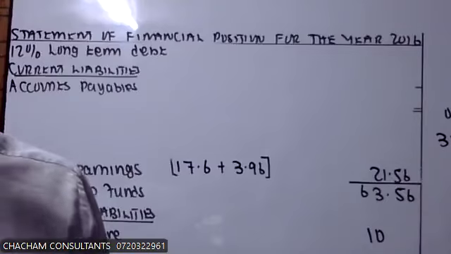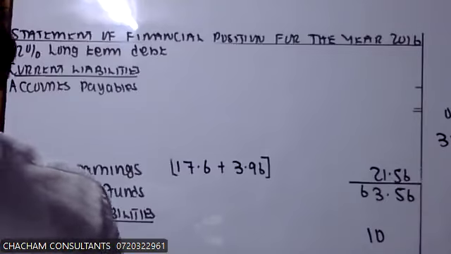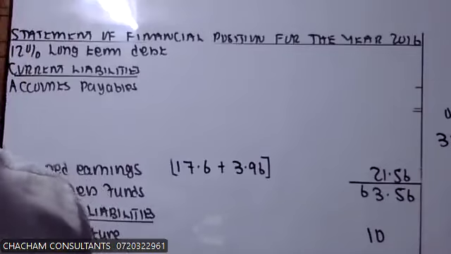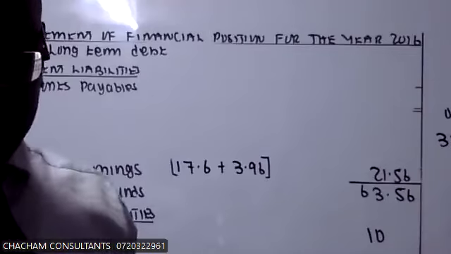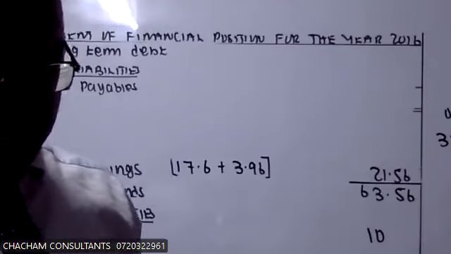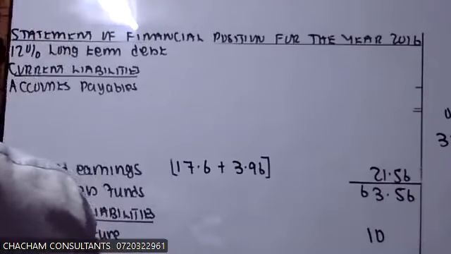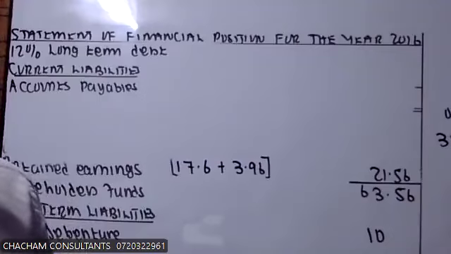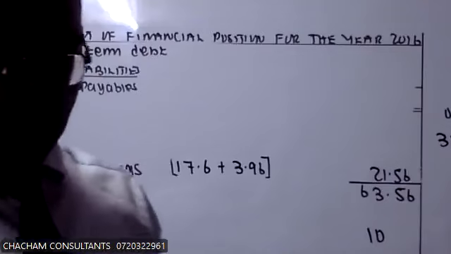Now, these ones we are told they just form the spontaneous sources of financing. The question is not mentioning directly that they change with change in sales, but because we are just told they are spontaneous sources of financing, there are two possibilities.